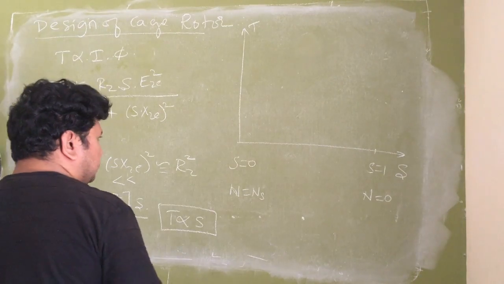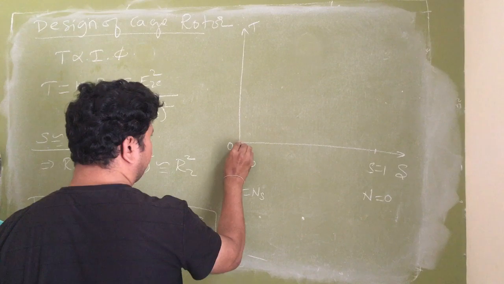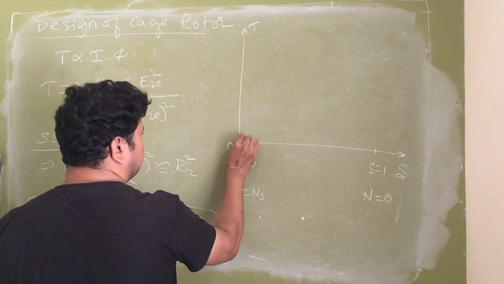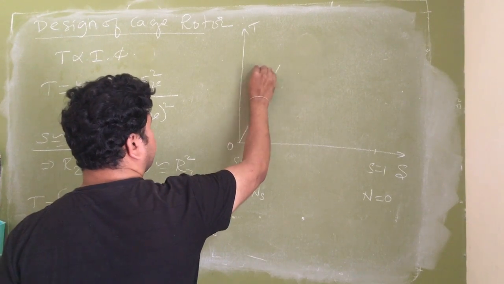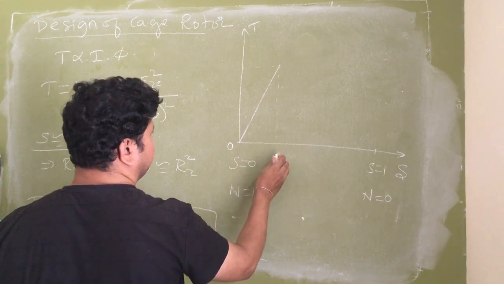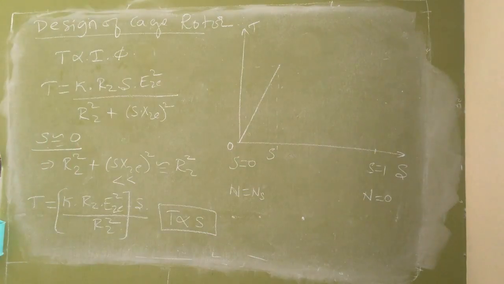So I will take some range, to some extent from 0, up to some value, where torque is proportional to slip. Now let slip S be S dash, some value S dash.